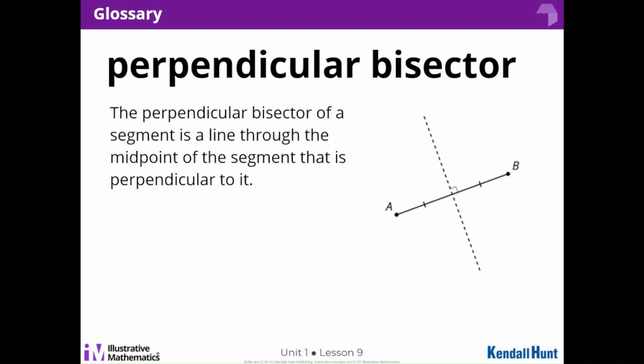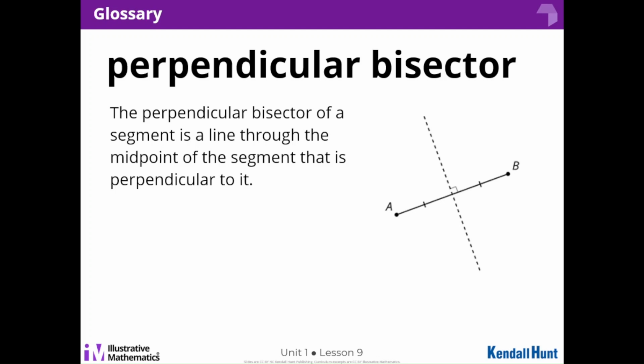Next, we have perpendicular bisector. This is the one we're really going to concentrate on today. A perpendicular bisector cuts a line segment exactly in half, and it does so at a 90-degree angle.